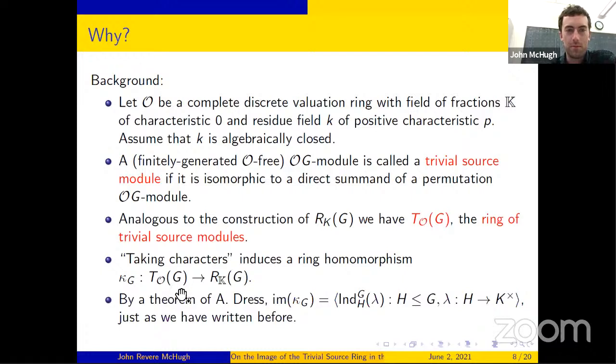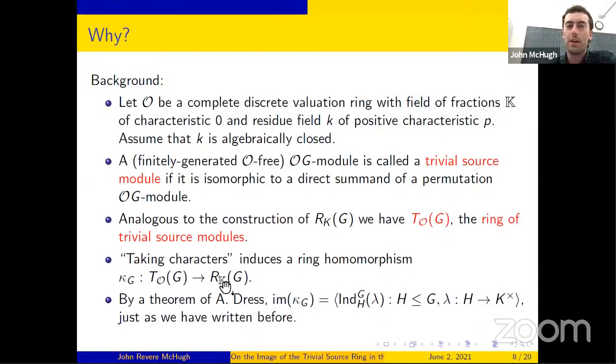Now, by a theorem of Andreas Dress, the image of kappa sub G, this ring homomorphism, is exactly the group that I defined on the previous frame. So what I'm trying to understand now is what's the image of this ring homomorphism in the virtual character ring?